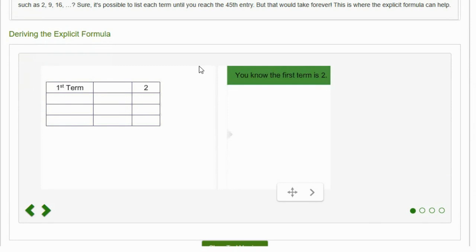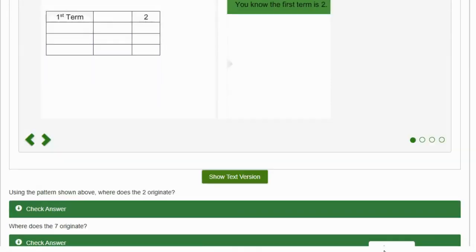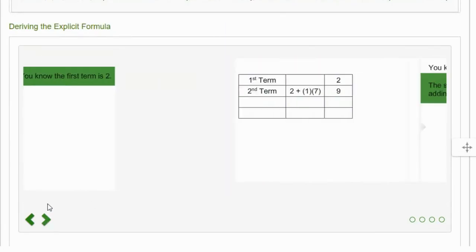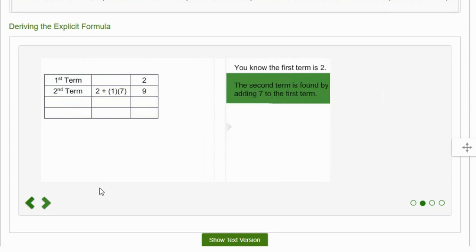All right, so I'm going to write this down here. Our first term is 2, because we've got 2, 9, 16. So when we want to find the second term, let's see how they're doing that.